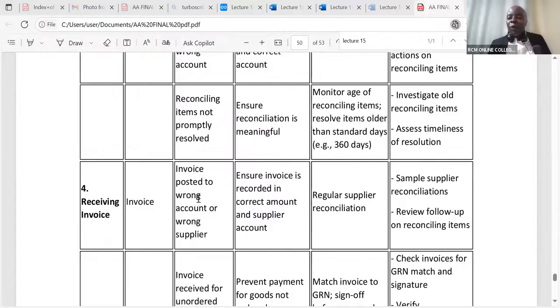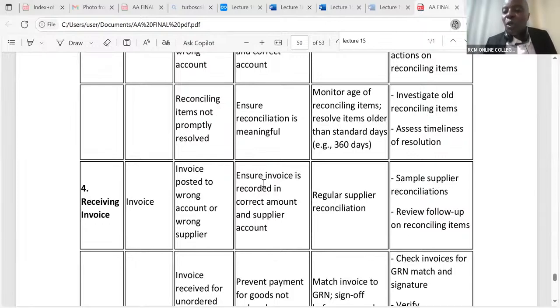So then if we have controls, what will be the objective? So the objective now, you speak on this. The objective will be to ensure that the invoice is recorded in correct amount and supplier account. All right. Ladies and gentlemen, from there, then what controls will you be able to put as an accountant to ensure that this is done very correctly? This involves amounts.